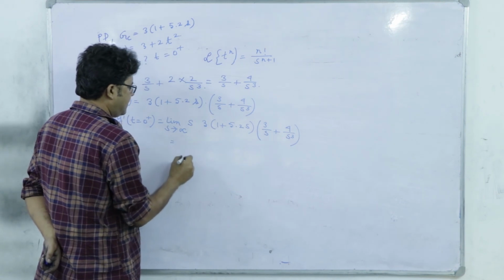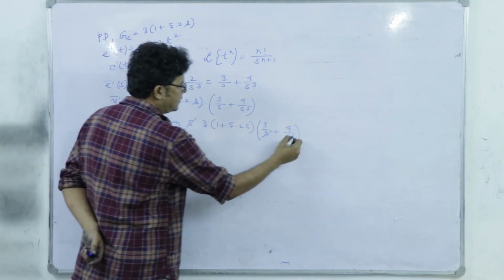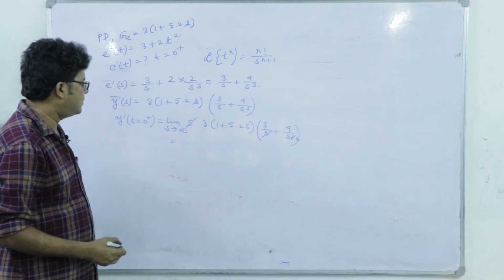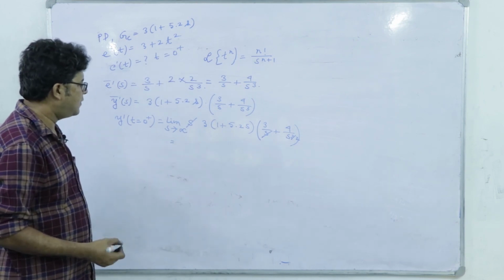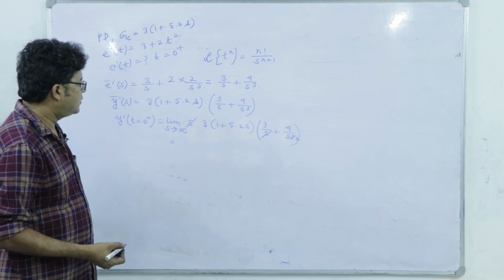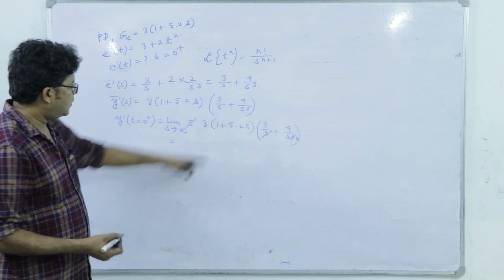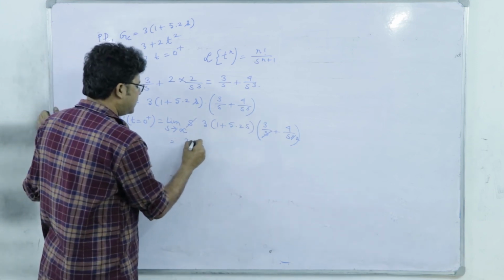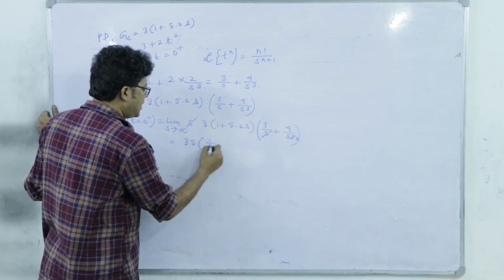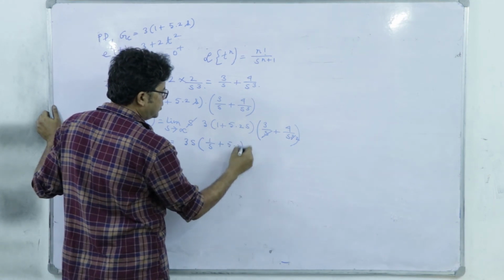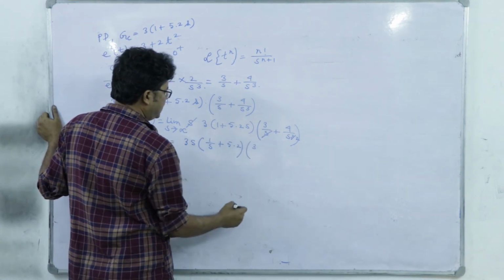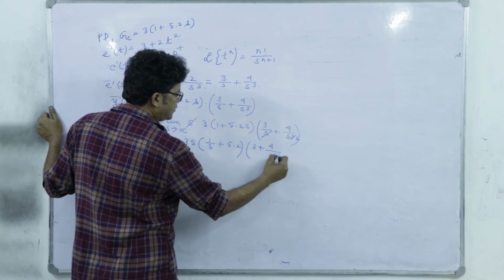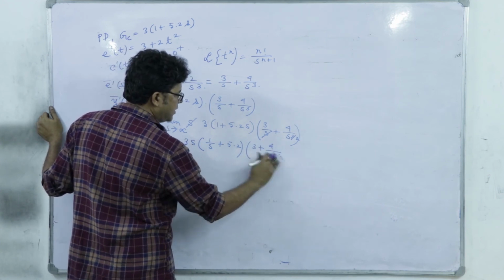Right. So this is s and s square. Now we have no further reduction. So okay, yeah, s we can take out. So 3s (1 by s plus 5.2), this will be 3, right, and 4 divided by s square.